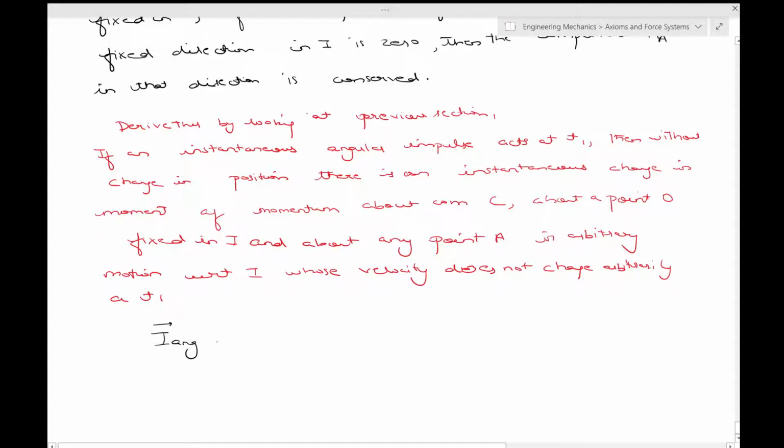So in this case, I angular C at t1 is equal to delta H_C, I angular O at t1 is delta H_O, and I angular A at t1 is delta H_A.